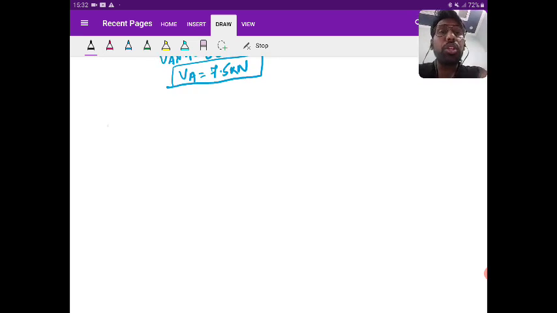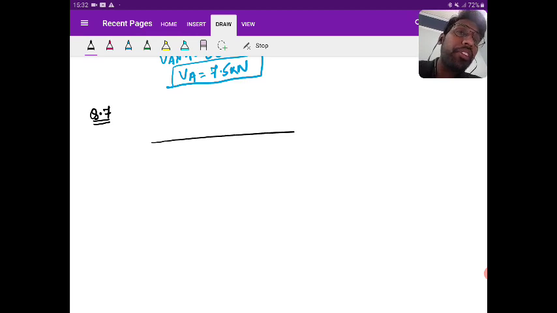Next, you are going to solve question number 7. What is question number 7? Now again, I am attaching a beam to a frame.